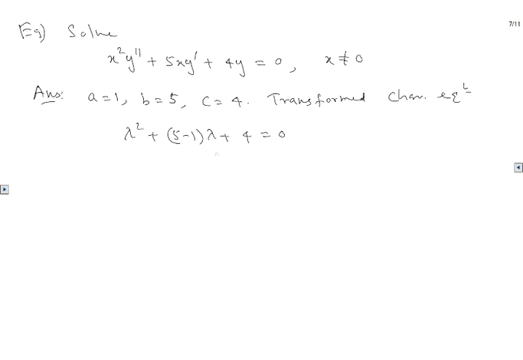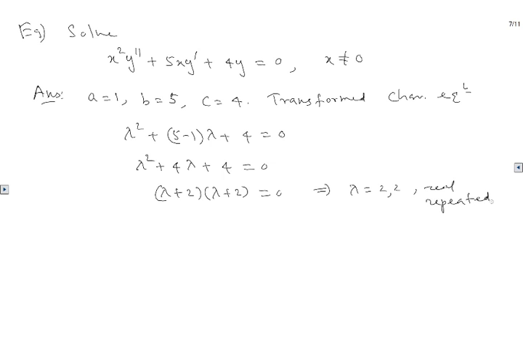So you get lambda squared plus 4 lambda plus 4 equals 0. This is a perfect square. You can write this as (lambda plus 2)(lambda plus 2). So that gives lambda equal -2, -2. We write it like that just to emphasize this is repeated. So the real repeated situation.